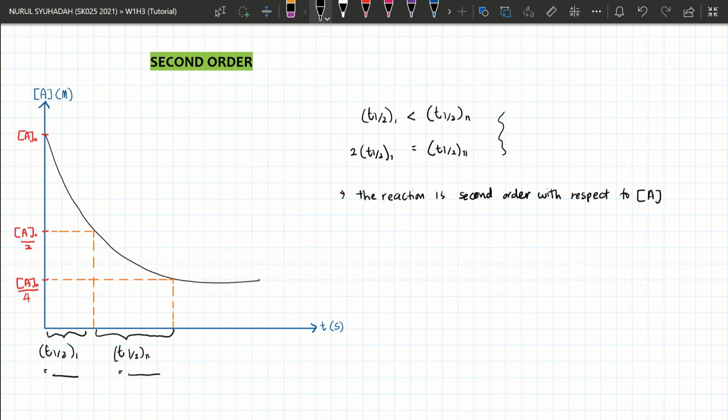Like before, if the question asks what is the value of half-life, since here we have two different half-lives, choose any one of the half-lives but write it with the correct initial concentration. Let's say I want to use the second half-life here.